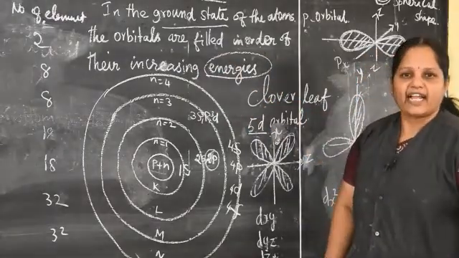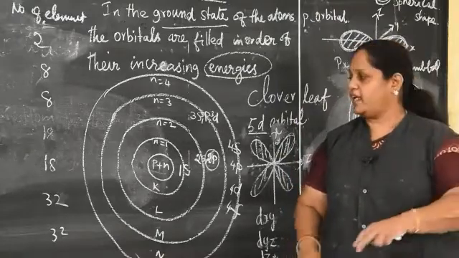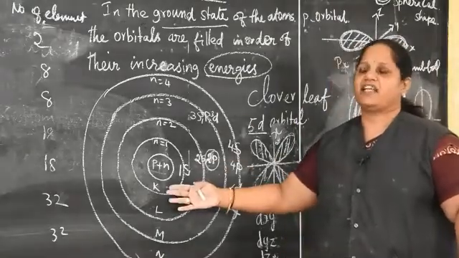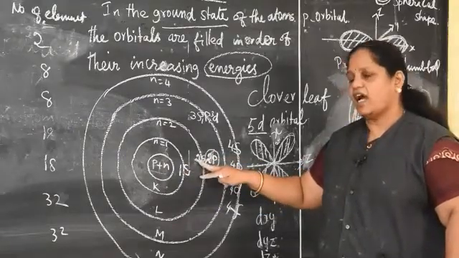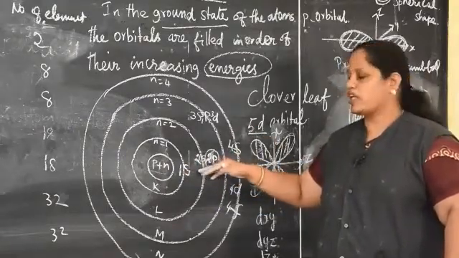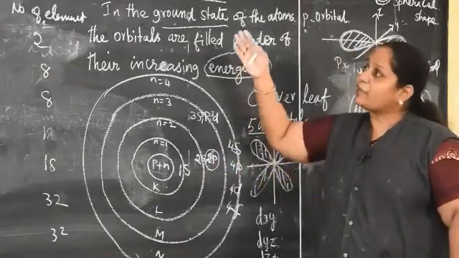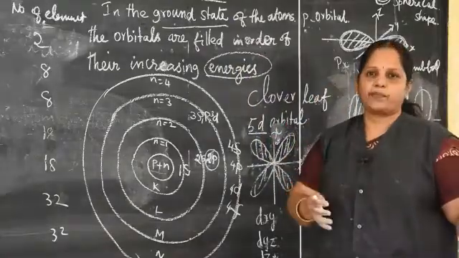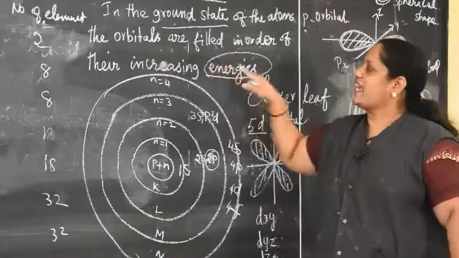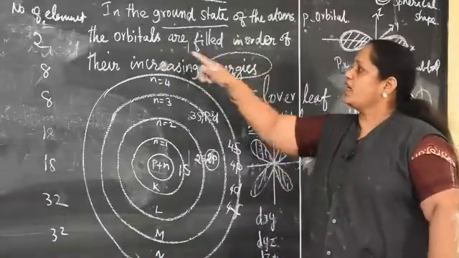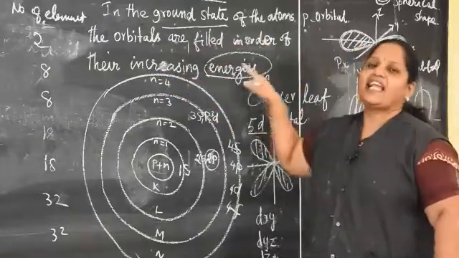First you enter LKG, then UKG, then first standard, second standard, like that. What is the lowest energy level here? 1s. And then the second energy level? 2s. After filling the electrons in 2s, we go for 2p. That principle is what we can represent diagrammatically in a simple way, called the Aufbau principle. The orbitals are filled in order of their increasing energies.